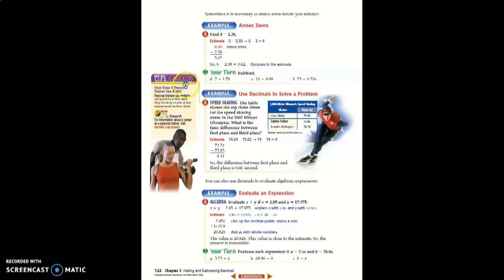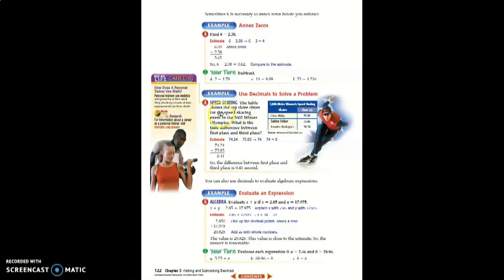Real-life careers. How does a personal trainer use math? Personal trainers use statistics and geometry in their work. They also keep records of time improvement for their athletes. Example: use decimals to solve a problem. Speed skating.